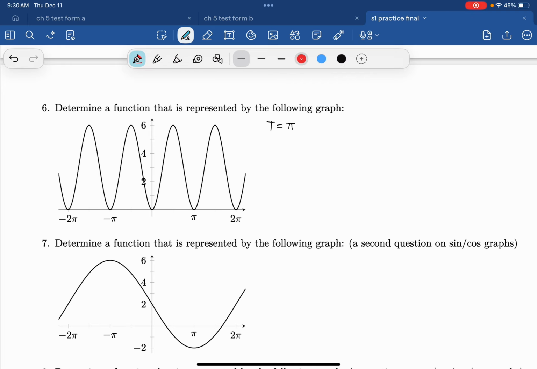The reason is that for period, we always look at the distance between the peaks, and that's clearly pi. So the period is pi, which tells us that the b value, or the constant in front of the x, is going to be 2 pi over t, which is 2 pi over pi, which is 2, right?